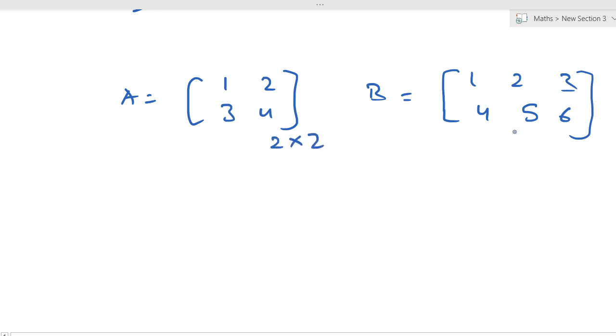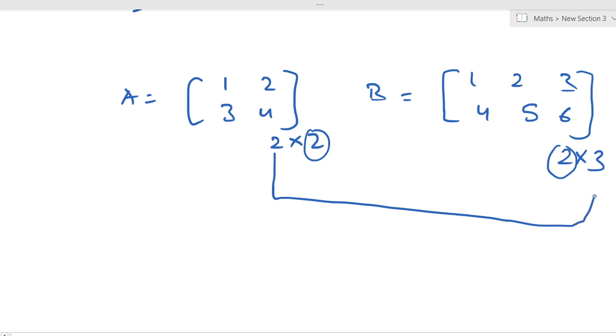B has 2 rows but 3 columns, so it is a 2 by 3 matrix. The number of columns of the first matrix and the number of rows of the second matrix are equal, so we can multiply, and the resultant matrix will be of order 2 by 3. So AB will be of order 2 by 3.